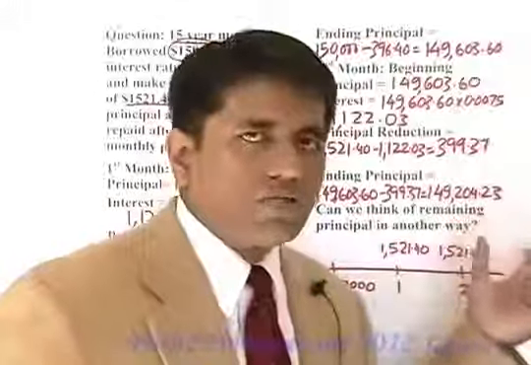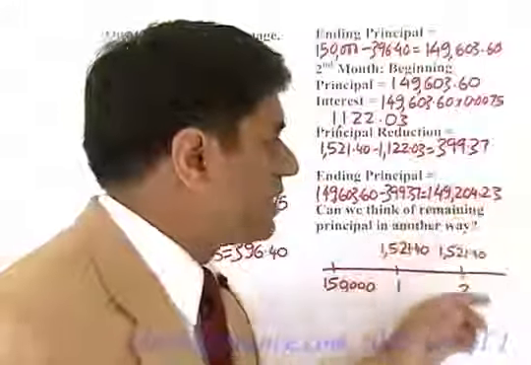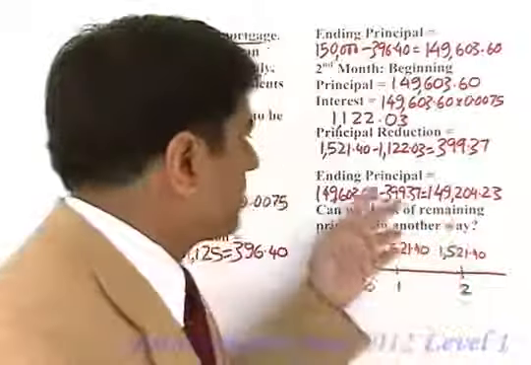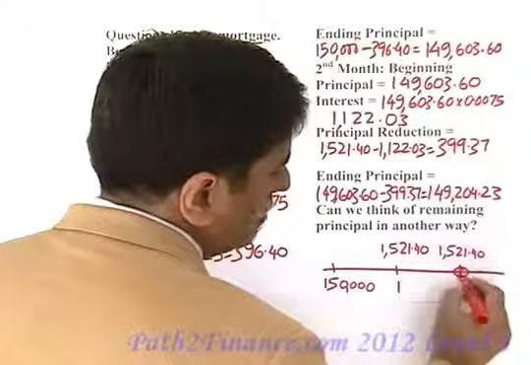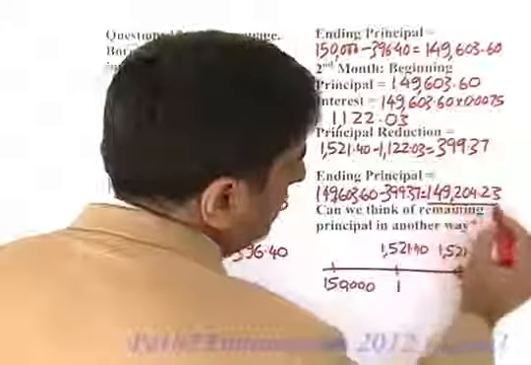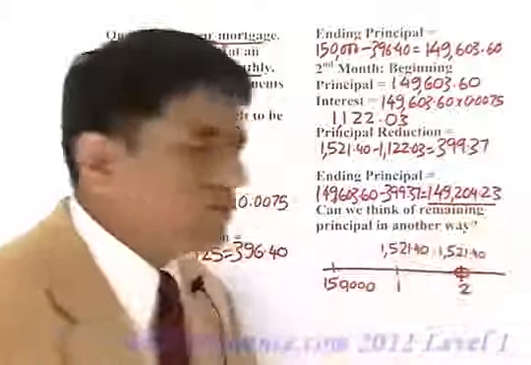So this is the amount left to be repaid after the two payments have been made. So if you're repaying the rest of the loan at this point, then you have to pay 149,204.23.